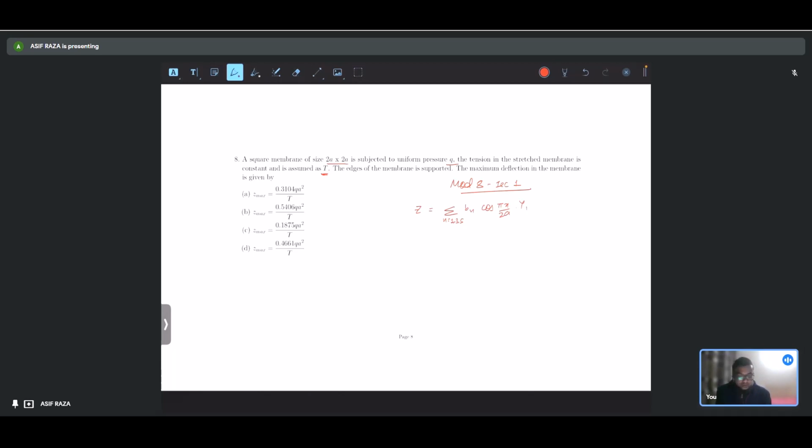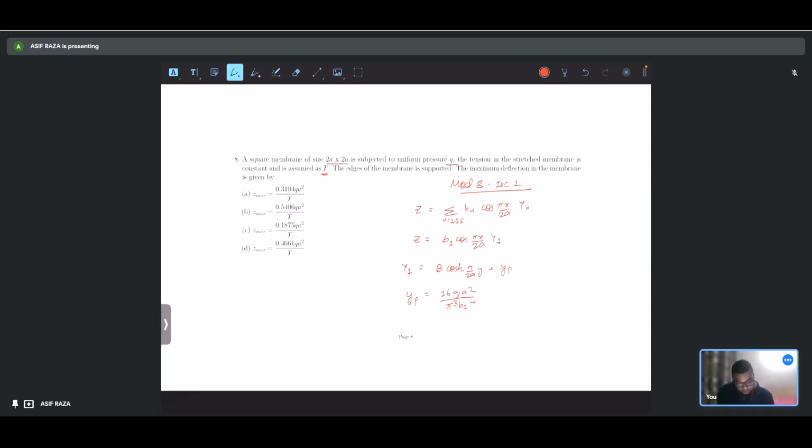And so let us take only the first term, that is b1 cos(pi x by 2a) y1, and this y1 is given by the relation b cos hyperbolic of (pi by 2a) y plus particular integral yp, and yp is given by the relation 16 q a square upon pi cube b1 t.